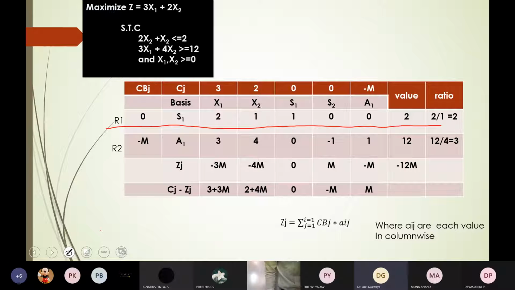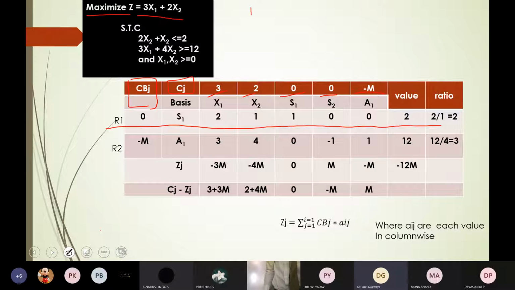So in this first column, as you can see, this is for the coefficient of basic variable. This is the coefficient of the objective function. Look at our objective function here. It was 3x1 and 2x2. So when we convert the constraints into equations, what happened? We had 3x1, 2x2, 0s1, 0s2, and minus Ma1, because it was a maximum.